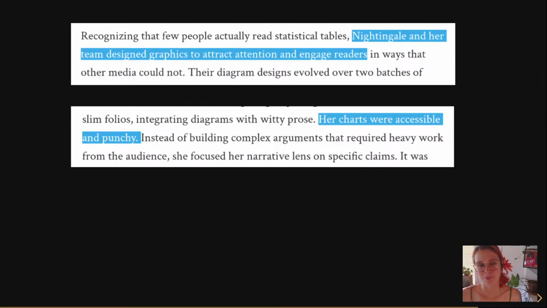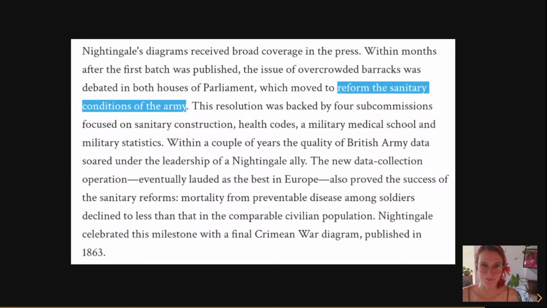For their time, they did a marvelous job in creating visualizations that are beautiful to look at, that are accessible to people, and that they could read, because what they used them for was actually propaganda to reform the sanitary conditions of the army. So the diagrams, once Nightingale's team published them, would be covered by the press, and within months the reform of the sanitary conditions of the army was set into movement.